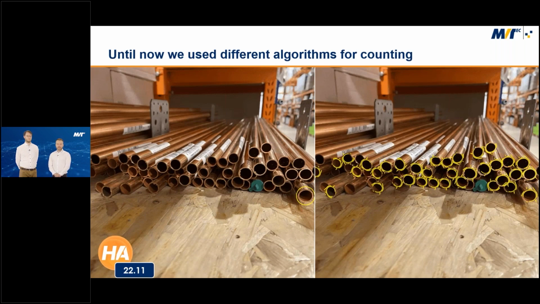We would train a shape-based matching model with a template. Then we are doing some parameter tuning, and then we get a decent result. But it has some problems. If you have perspective deformation, if you have reflections, the shape-based matching may struggle with the images.